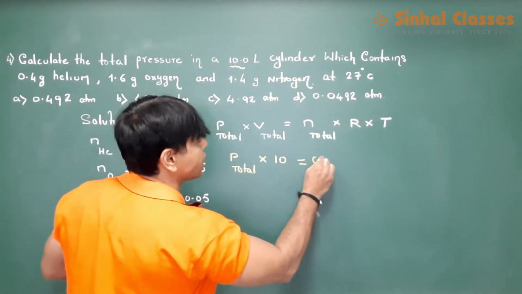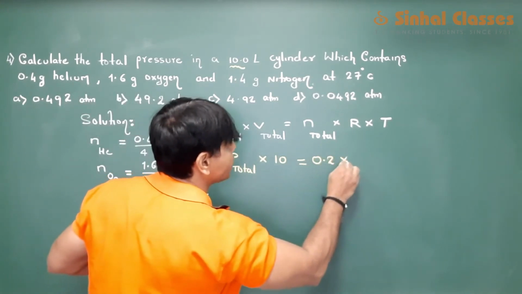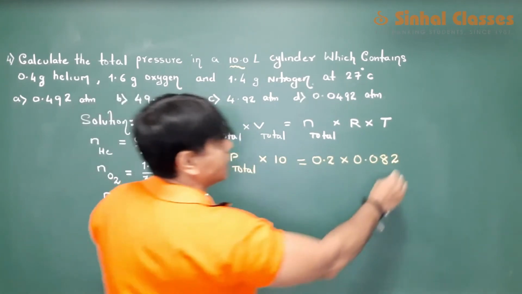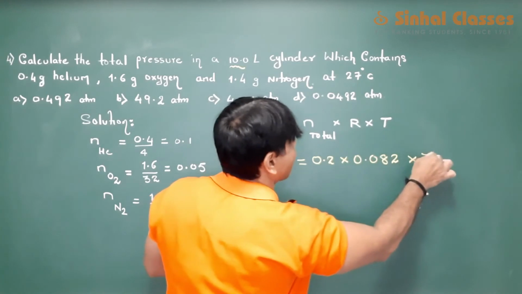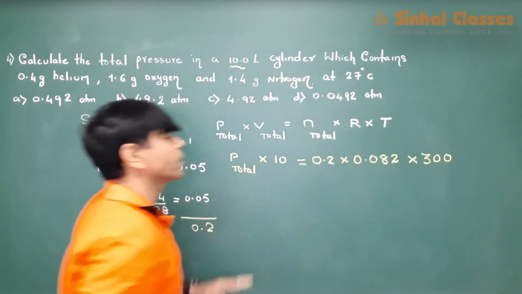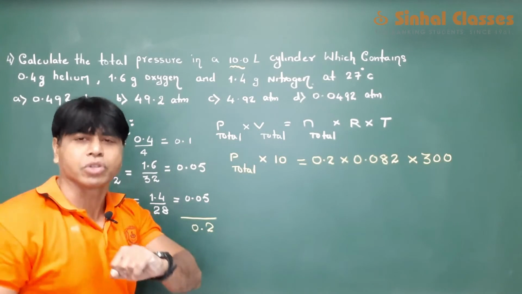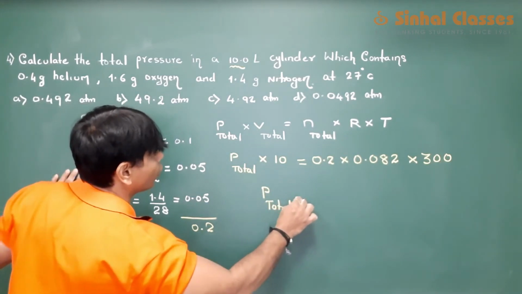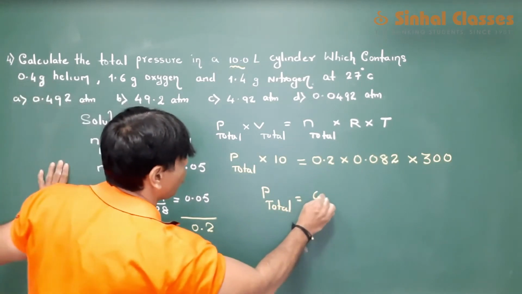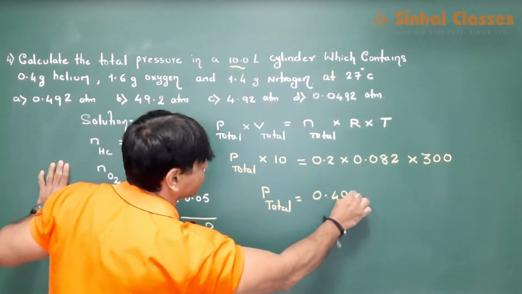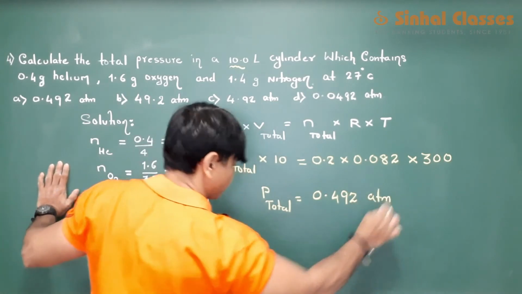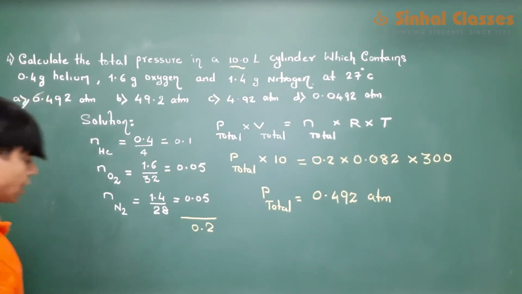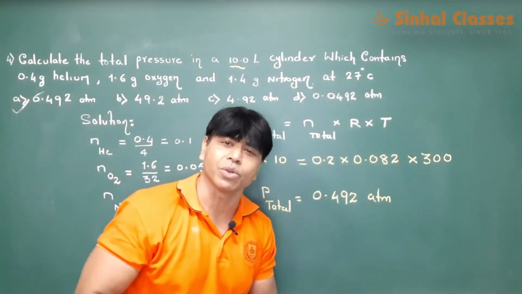So this will be 0.2 into 0.082, which is the value of R, and temperature should be taken in Kelvin, so 300. Now you just need to solve this. So total pressure will be 0.492 atmosphere. So your answer for this question is A. A is the correct answer for this question.